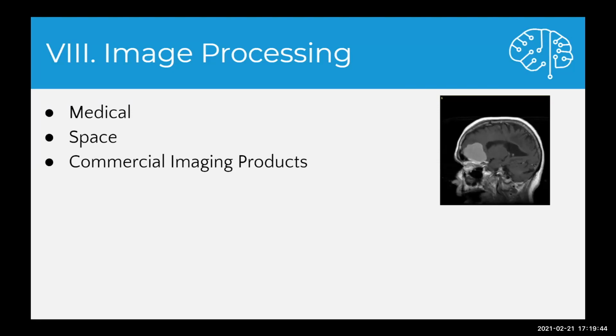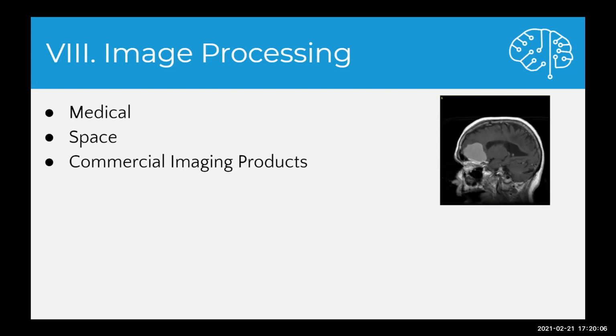For space, DSP improves image quality in unfavorable conditions through brightness and contrast adjustment, edge detection, noise reduction, focus adjustment, and motion blur reduction. And in the case of commercial imaging products, DSP plays an important role in image compression.